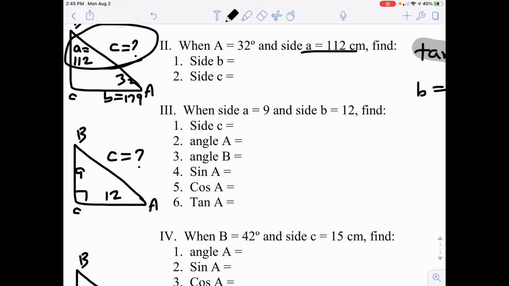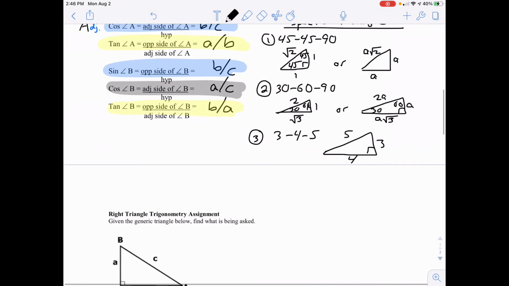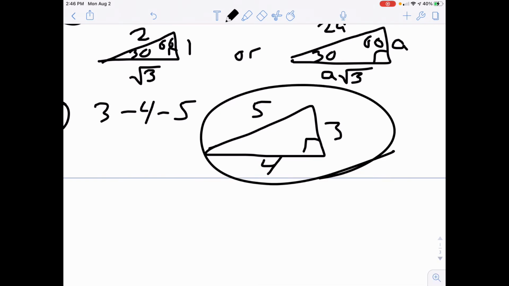Now, one thing we could do to figure this out is use the Pythagorean theorem to find the third side. We could go 9 squared plus 12 squared equals c squared and solve for c. That's one way to do it. Or we could realize that this triangle is actually just a similar version of this triangle.